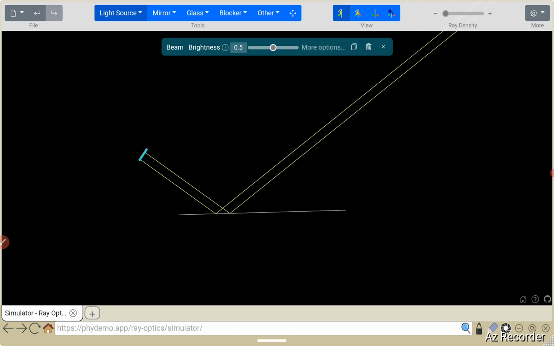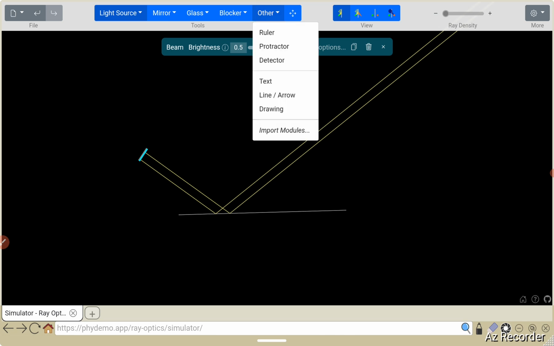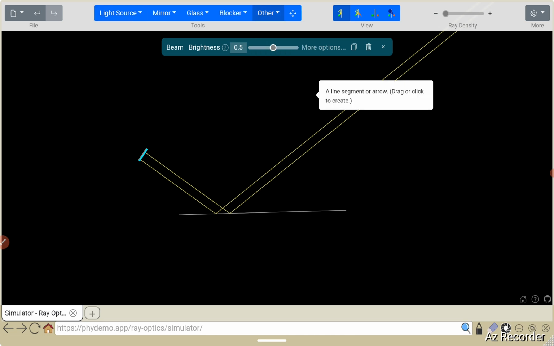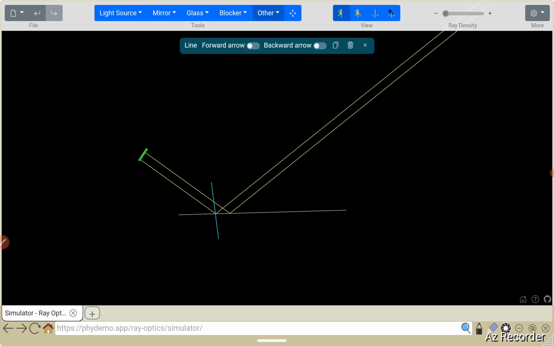I am taking only 2 rays. Then you will have only 2 normals and 2 angles. Correct. If you measure them, for sample I am taking, this is N1 and this is N2.